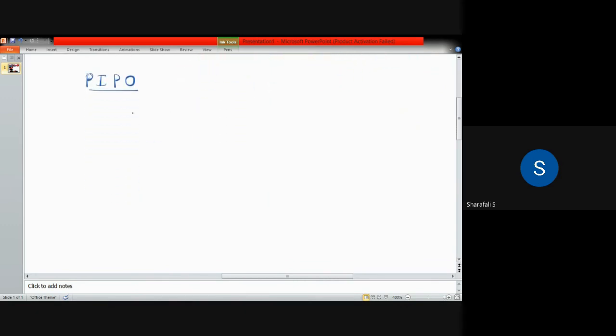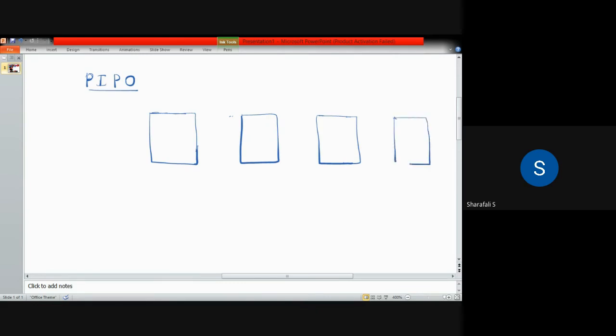So we are providing the input data parallelly, and we are also taking the output parallel. So let's consider it like this. Now we are providing input parallelly. For each individual flip-flop, we are providing input separately.